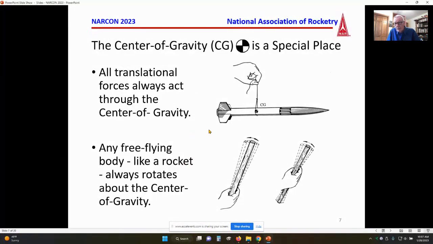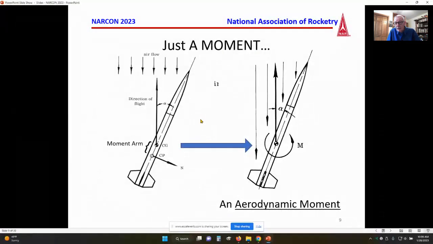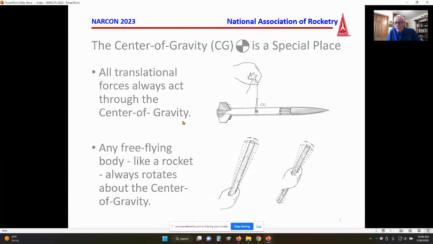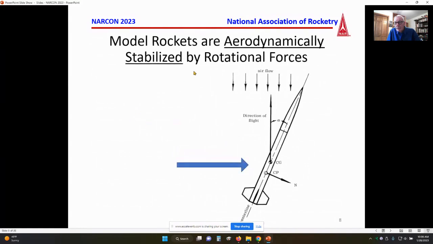So that's a key point to stability. But the other key point, of course, is the fact that we have rockets being stabilized not by the translational forces, but by the rotational forces.